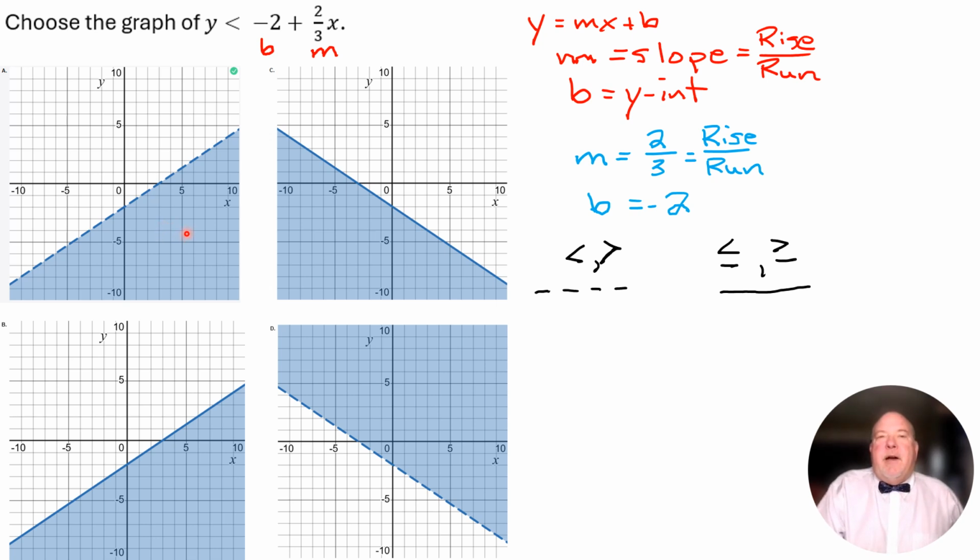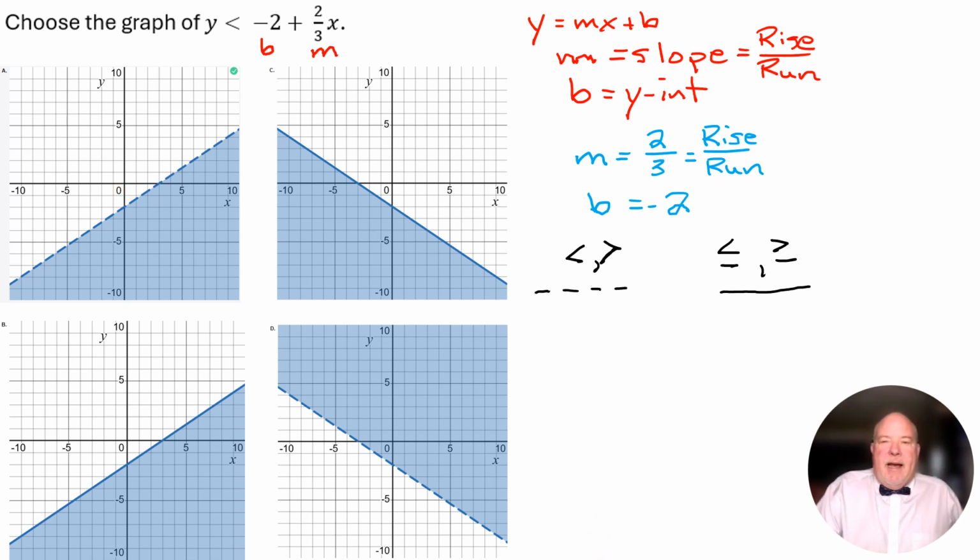The way you figure out which side is you pick a point on the graph and plug it into the inequality to see if that point is a solution, if it makes the inequality true. The easiest point to pick, and what I usually have students pick, is 0, 0, unless the line goes through 0, 0, and then you'd have to use a point either above it or below it. But in this one, I can use the point 0, 0.